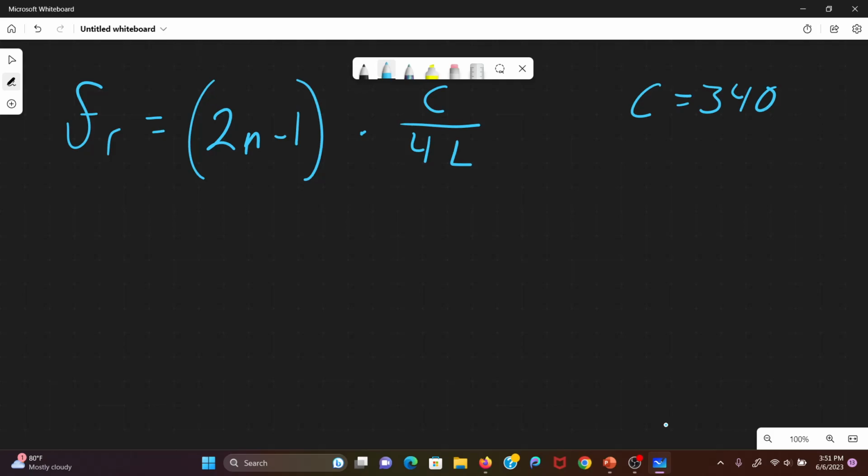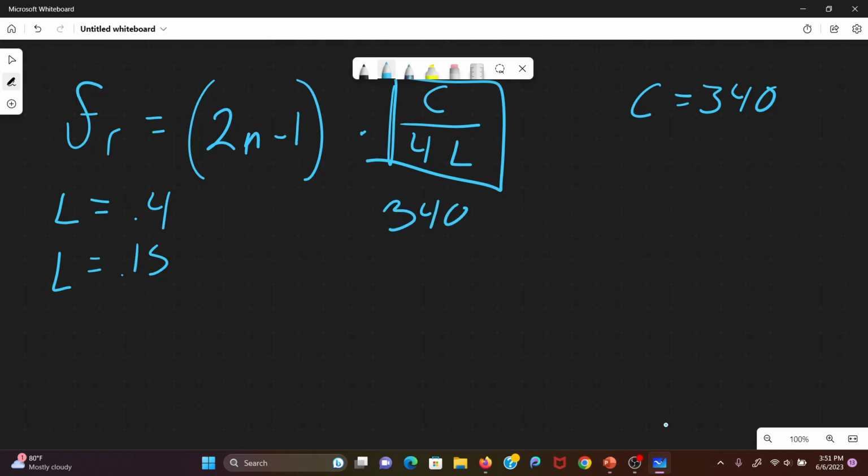All right, our lengths are the same as above. We've got 0.4 and we've got 0.15, depending on who you are. Let's do the length of 0.4 first. Just like before, I'm going to solve for this portion right here first. So that's going to give me 340 over 4 times 0.4, which equals 340 over 1.6.